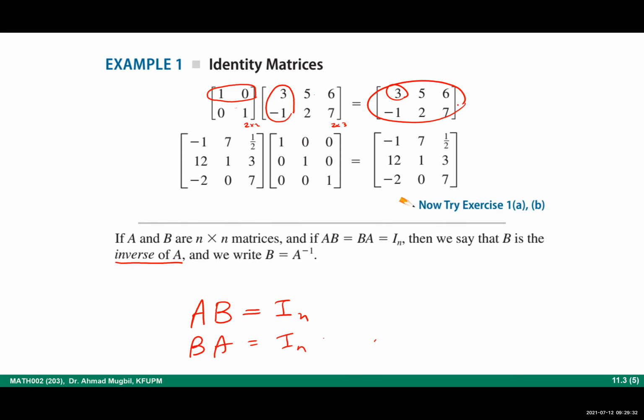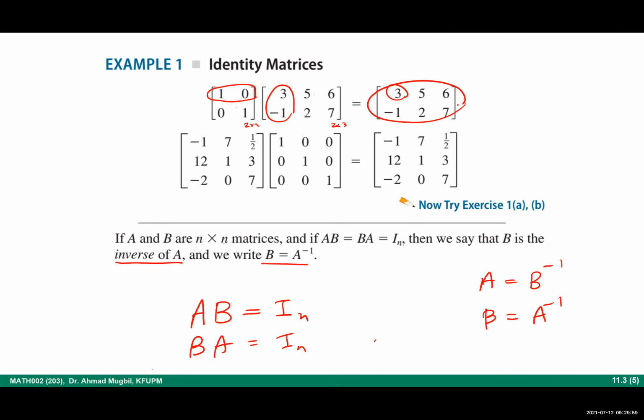This is the inverse. So, if we have two square matrices, n by n, and their product equals the identity matrix, we say that B is the inverse of A, or also A is the inverse of B. So they are inverses of each other.